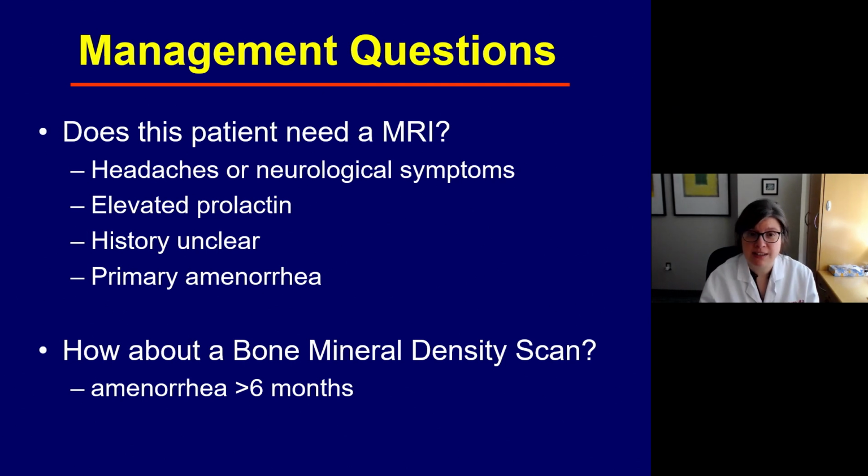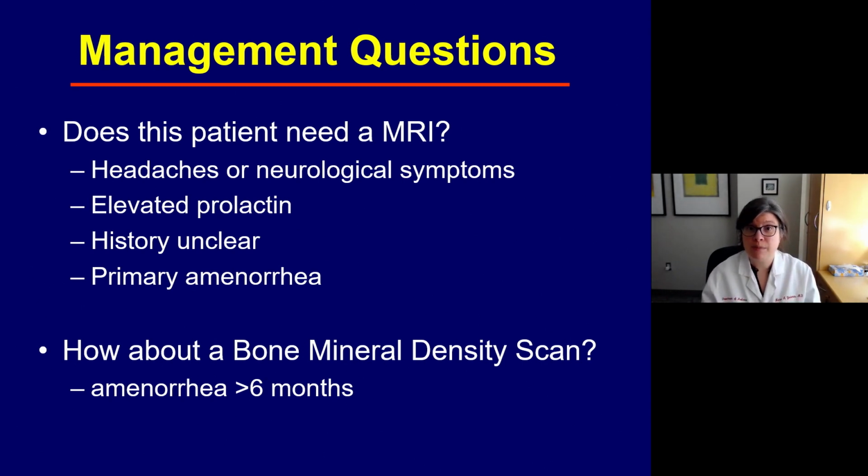The patients that I would consider getting an MRI on are the ones with headaches or neurological symptoms, patients that have any elevation in prolactin, even mild, because sometimes even mild elevations in prolactin can mean that there's a large pituitary tumor that's causing stalk deviation, and that's why the prolactin is elevated, and you don't want to miss that. If the history is unclear, they don't exercise excessively, they have not had a very low-fat diet, they don't have excessive psychological stress, then you do want to get an MRI on those patients.